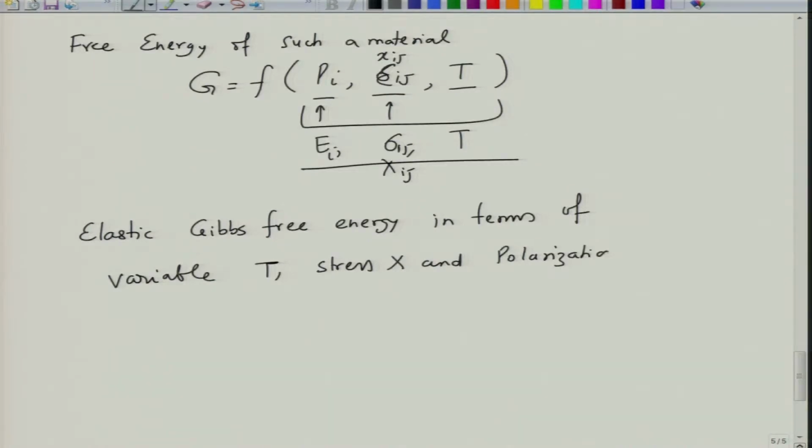Now we talk of ferroelectrics mostly in terms of polarization instead of D, the charge density, because polarization and D are interchangeable. So, instead of D we will use P, which is the more common quantity, and we assume very small changes in T, X and P.